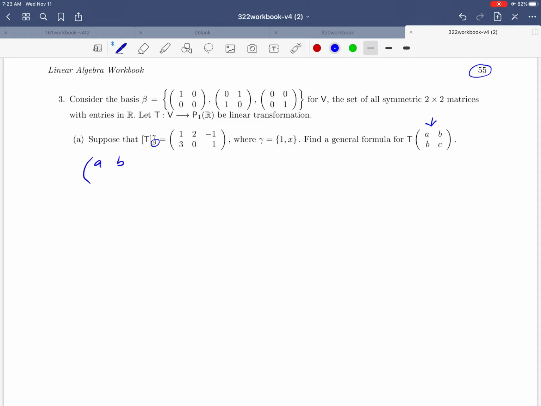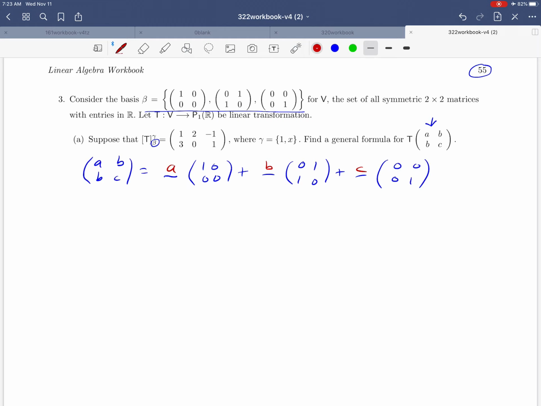Take that input matrix and ask, how would we build that as a linear combination of the vectors in our basis beta? That comes down to answering the question, how do we fill in these blanks? Because there are a lot of zeros in our matrices, it's not too difficult to figure out what needs to go in those blanks. I'm thinking a, b, and c are going to work.